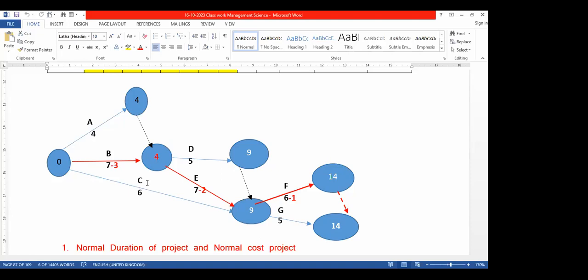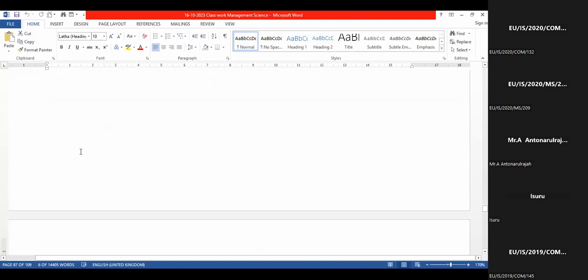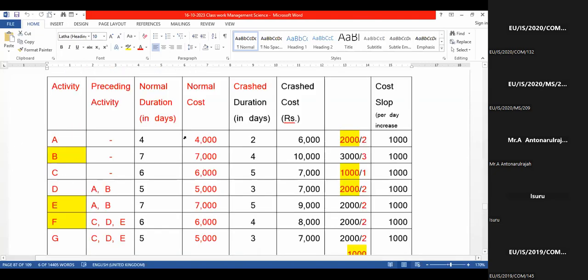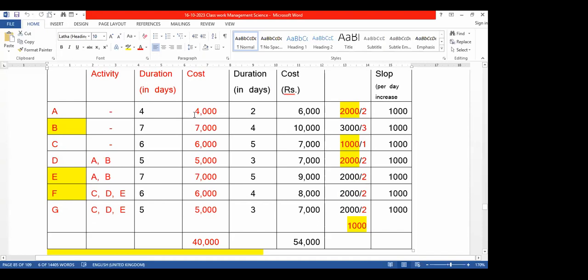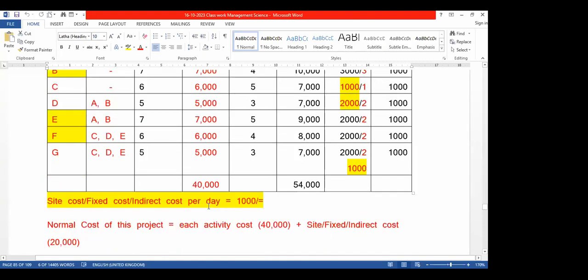Okay, right. So the normal duration and normal cost calculation is also very simple, because we just have to add all the individual activity costs, the normal cost, plus the project completion time, which is 20 days.